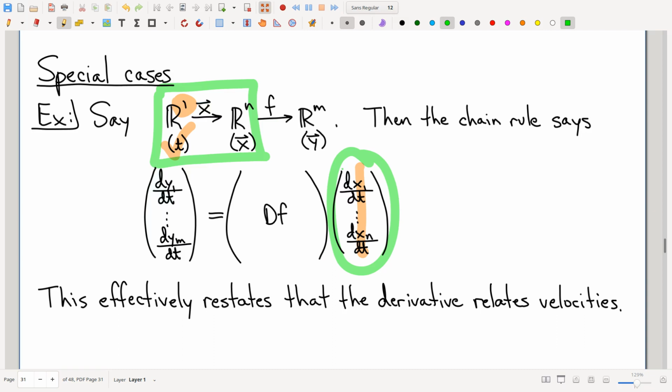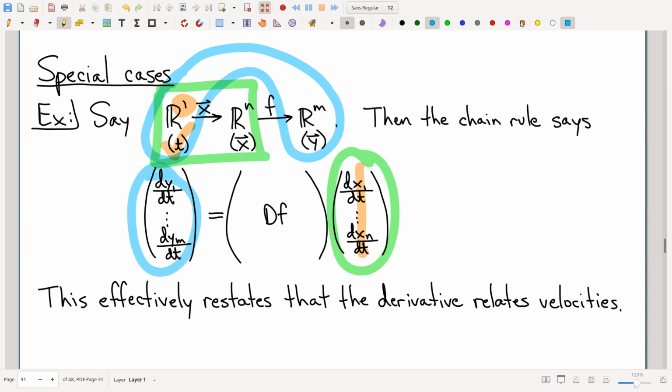And furthermore, look at the composition. Again, we have position as a function of one variable. One variable means the derivative matrix only has the one column. And being as this is a parametric curve, we're looking at the derivative of a parametric curve.